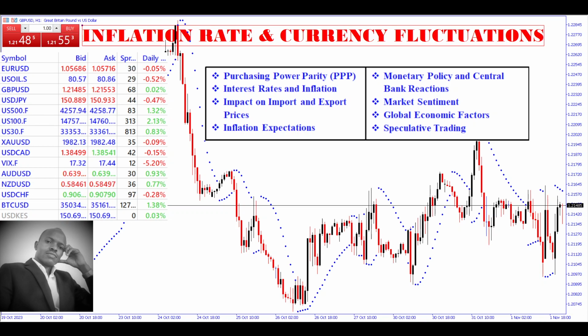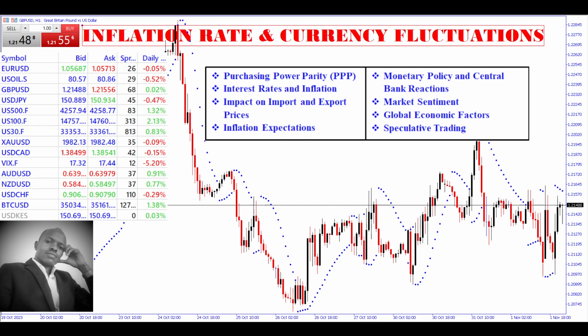Changes in these factors can affect the pound's value, resulting in its appreciation or depreciation. Typically, what this means is that the value of the pound may rise or fall depending on how those trade relationships are affecting the economy of the UK.